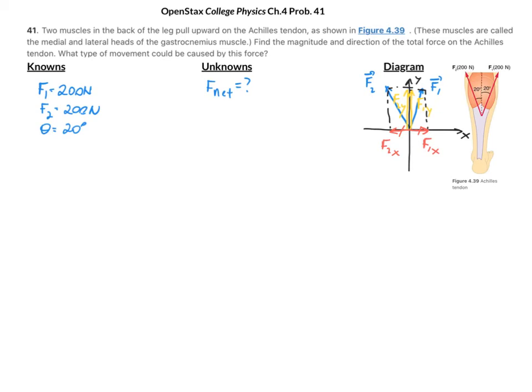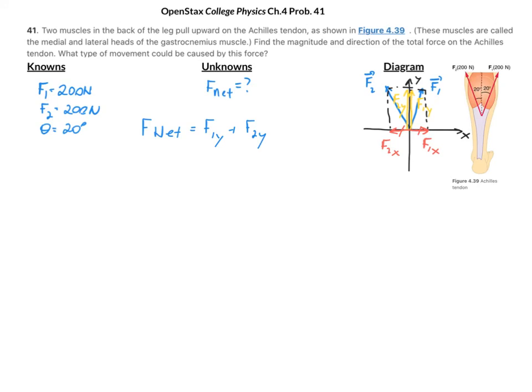Now, the forces that we're left with are the ones in the vertical direction. So then the net force will be the sum of those two forces in the y direction. So that would be F1y plus F2y.